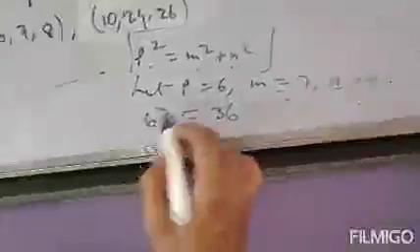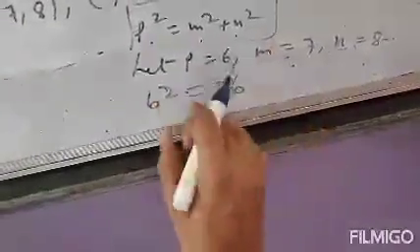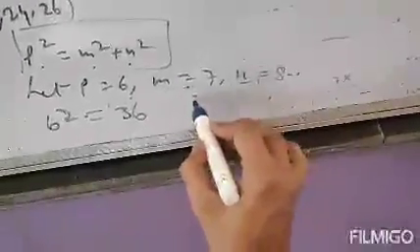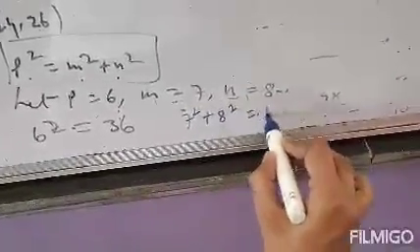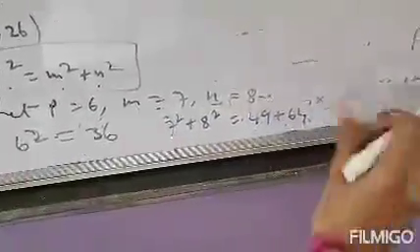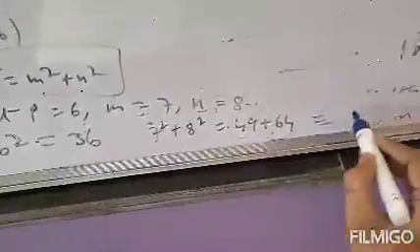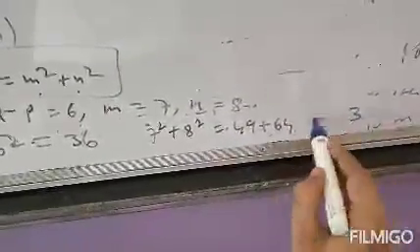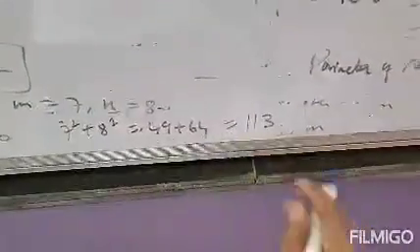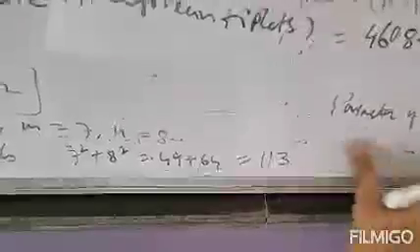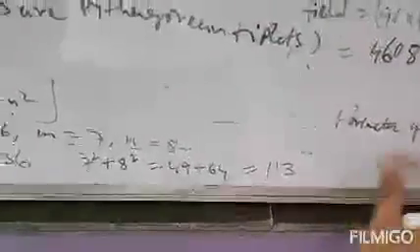So on the left, p square is 36. Now the right side, m square plus n square. M is 7, that is 7 square. N is 8, that is 8 square. 7 square is 49, 8 square is 64. Adding, this is 113. Clear?